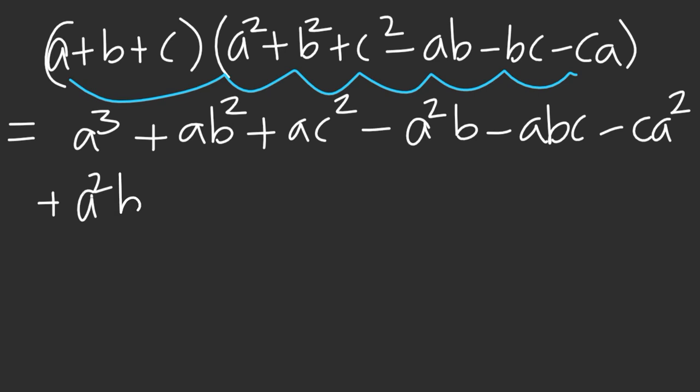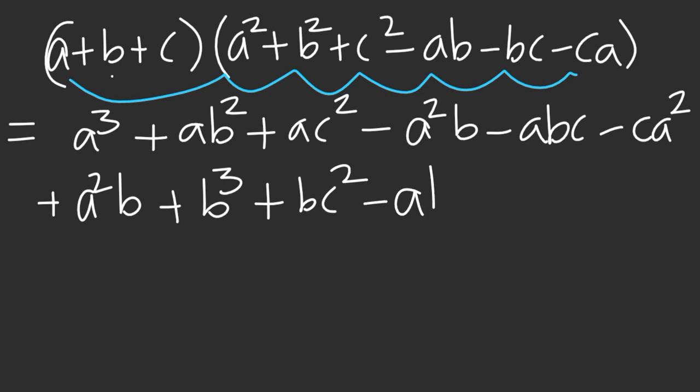Then b into b², that is b³, b into c², bc², b into minus ab, so that is minus ab², b into minus bc, that is minus b²c, and b into minus ca is equal to minus abc.